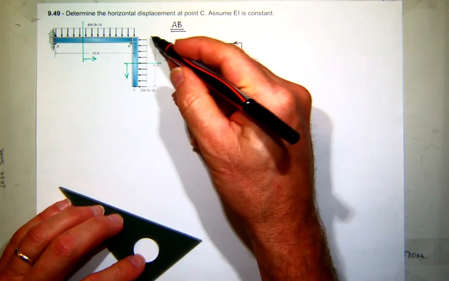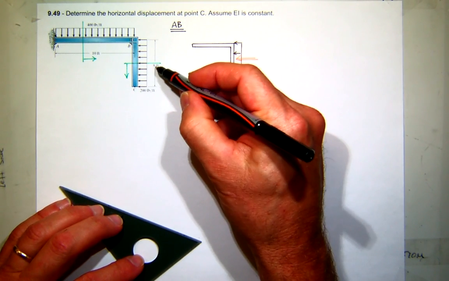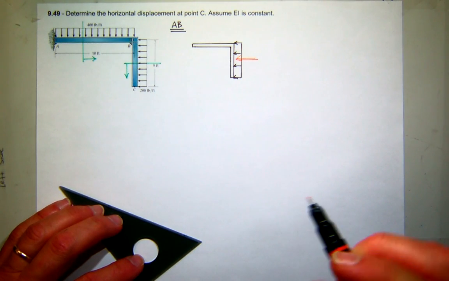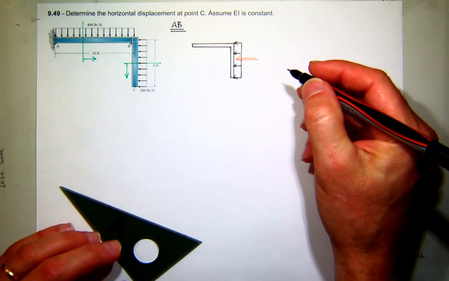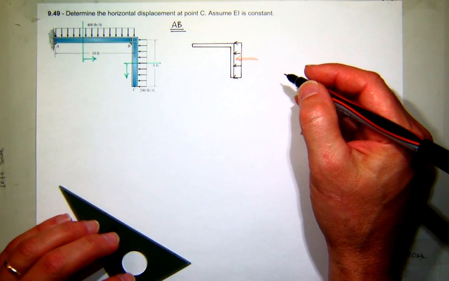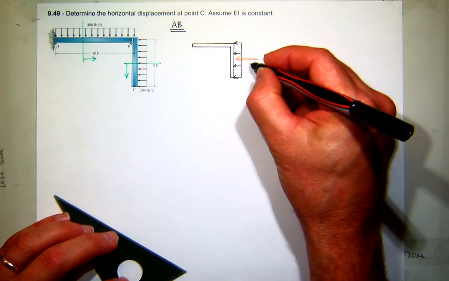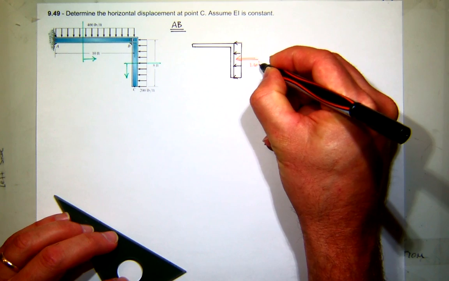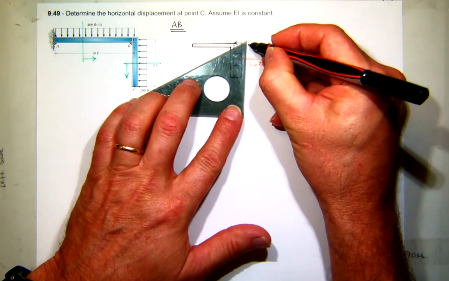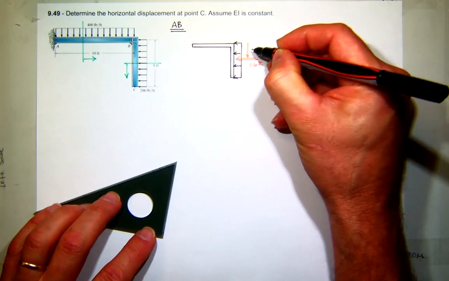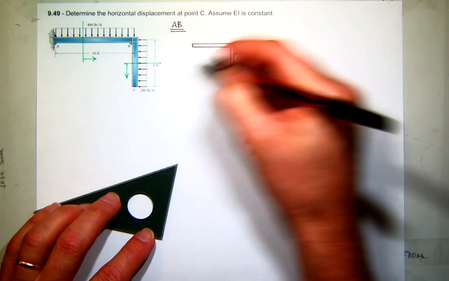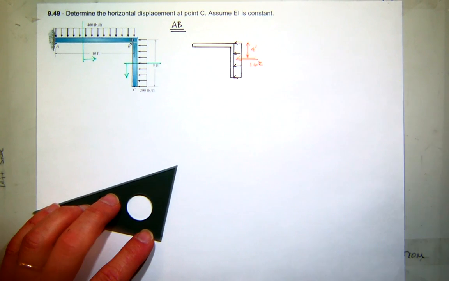And it should be the area under the curve, which is 8 times 200. That's what? 1,600. Maybe I'll go ahead and convert that to kips and just say 1.6 kips. And the distance from the top down would be half the distance, or 4 feet.